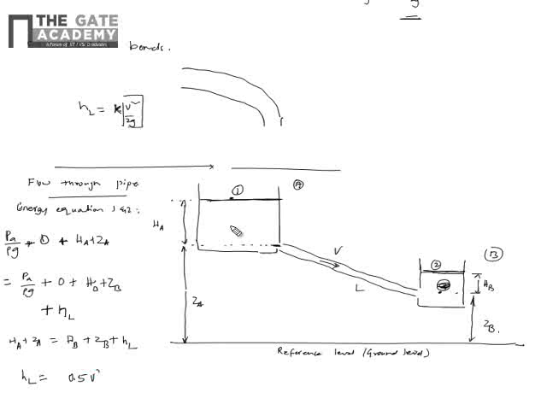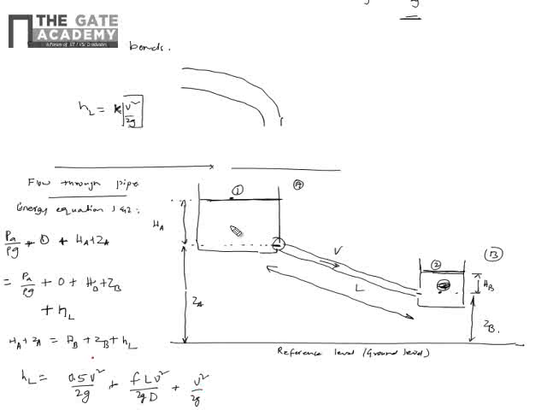That is 0.5. Let's say velocity is v here, so 0.5 v square by 2g is the loss occurring due to entrance. Now due to the viscosity throughout the length of the pipe you have the head loss, and that is FL v square by 2gd. And because of the exit from the pipe you have the head loss which is v square by 2g.